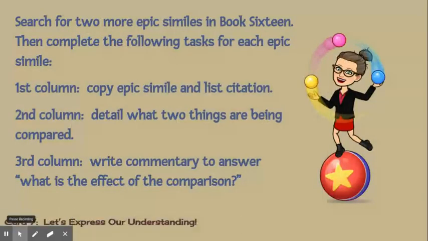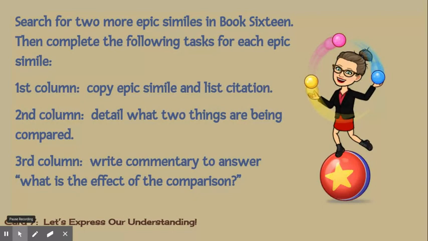Now that we've done the first row together, you will complete the next 2 rows. Use the model from Book 10 as the guide. Search for 2 more epic similes in Book 16. Then complete the following task for each epic simile.